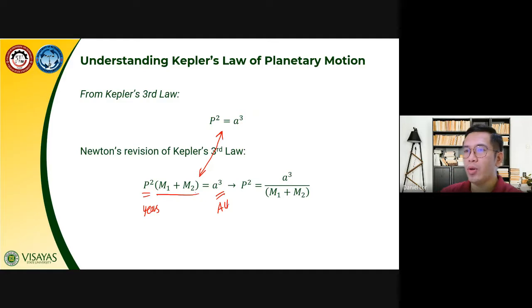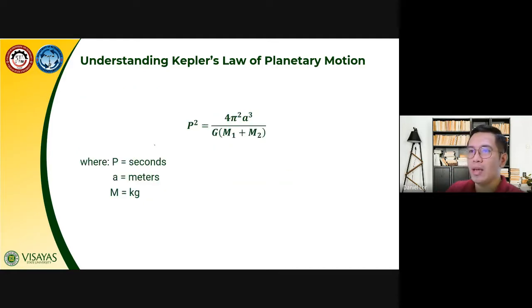But we can also rewrite that in this form, wherein your P is in seconds, your A is in meters, and your mass is in kilograms. We also use the G, or the universal gravitational constant. Okay.